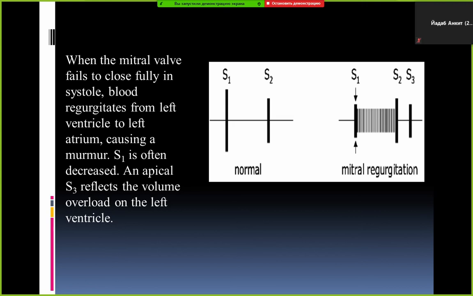An apical S3, pathological S3, reflects the volume overload on the left ventricle. So it means that sometimes in the case of mitral incompetence we can hear gallop rhythm, pathological gallop rhythm. Gallop rhythm means that instead of the normal 2 heart sounds, we will hear 3 heart sounds.